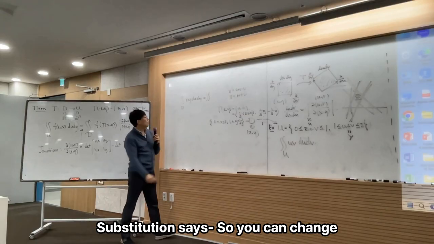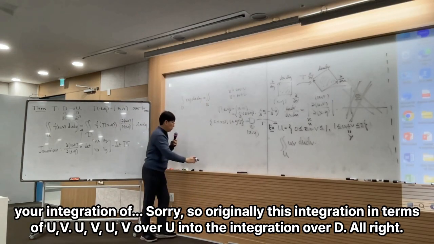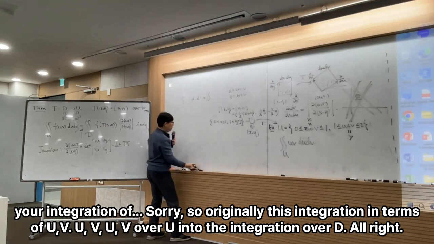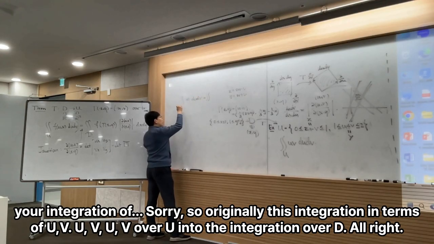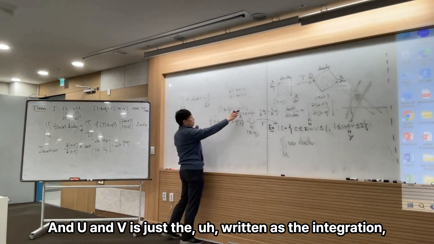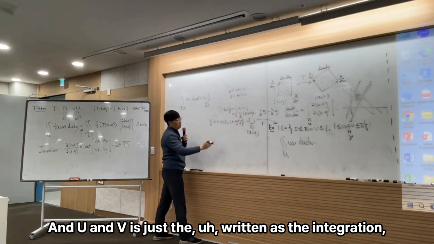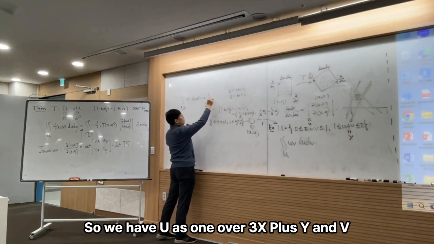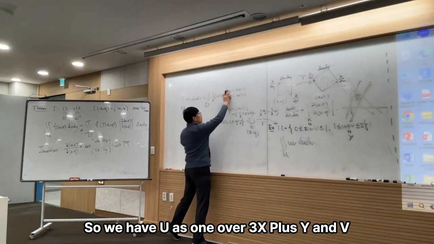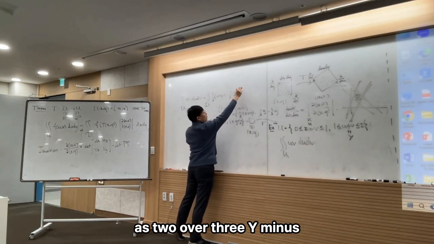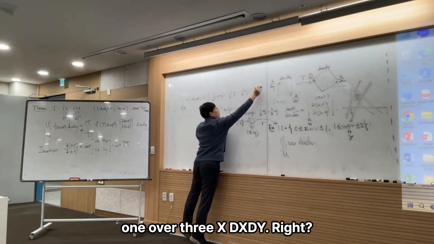Substitution says you can change your integration of uv over u into the integration over D. The u and v are written in terms of the substitution here: u is 1/3 x plus y, and v is 2/3 y minus 1/3 x, dx dy.